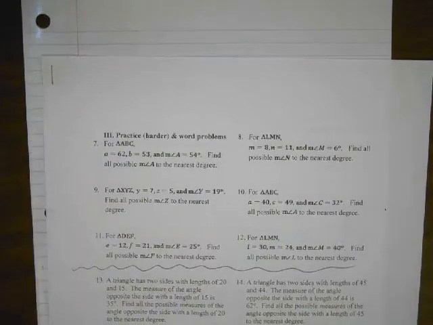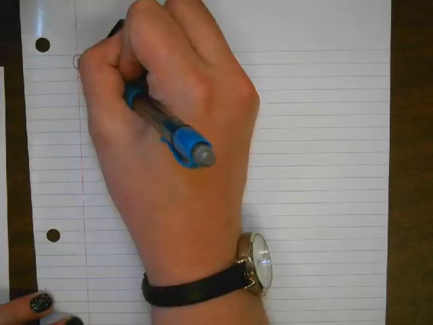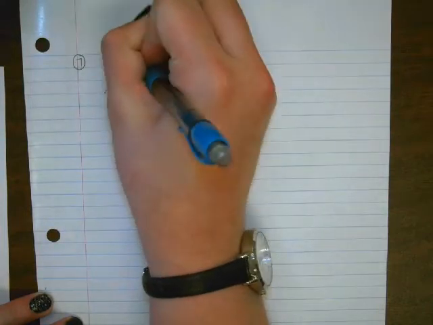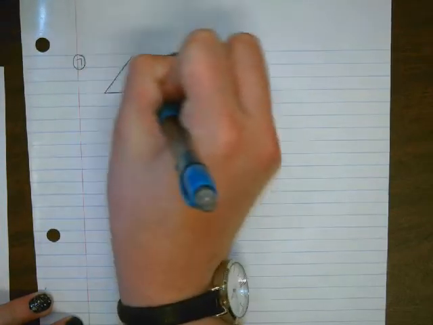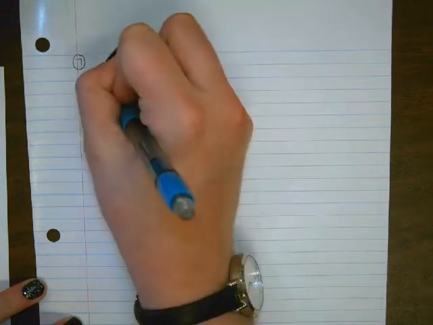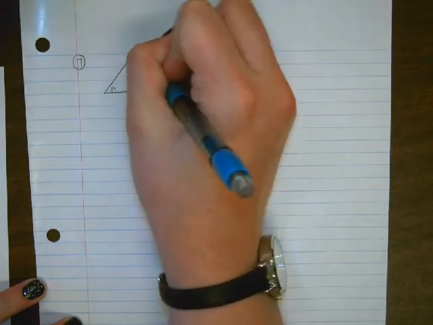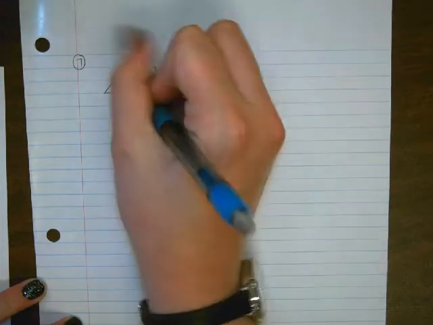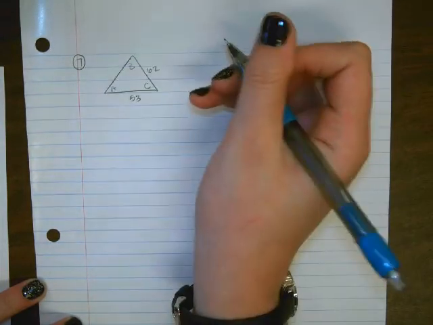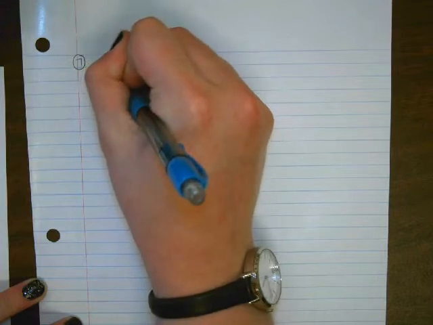Okay? So for problem number 7, I'm going to go ahead and write the information that they gave me. They said triangle ABC, and I have that side A, so here's angle A, angle B, angle C. Side A is 62, side B is 53, and angle A is 54 degrees.